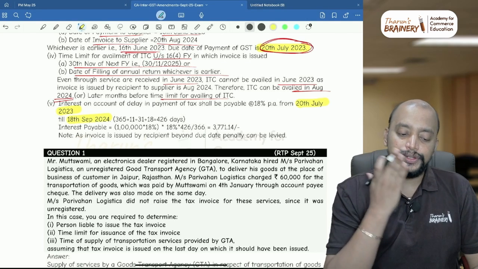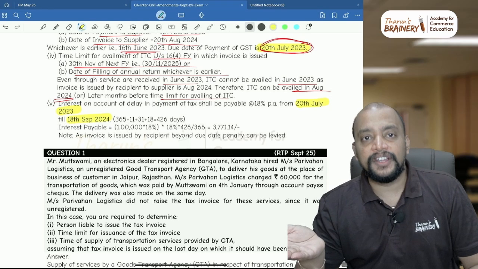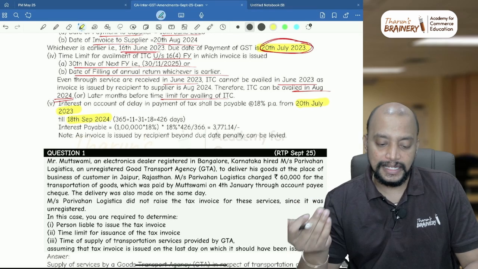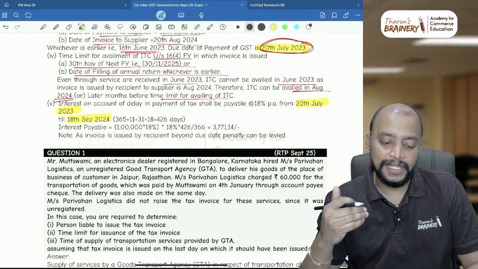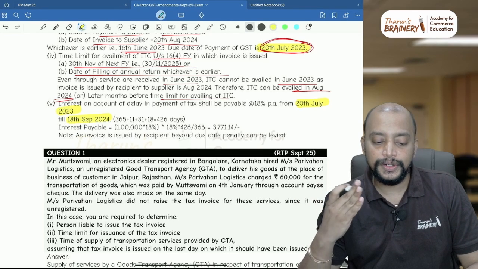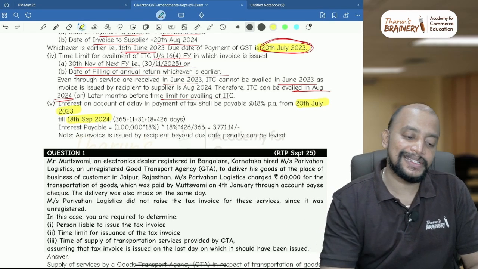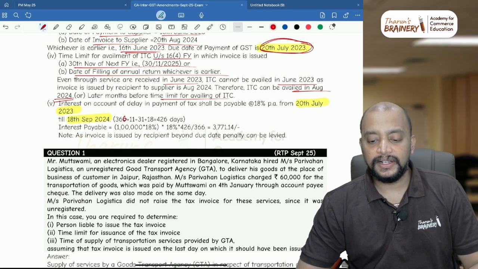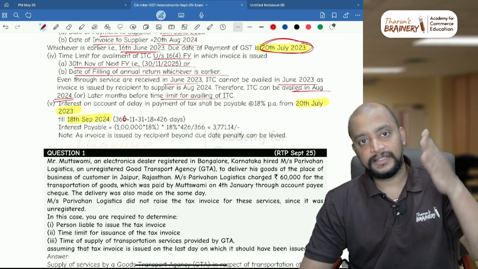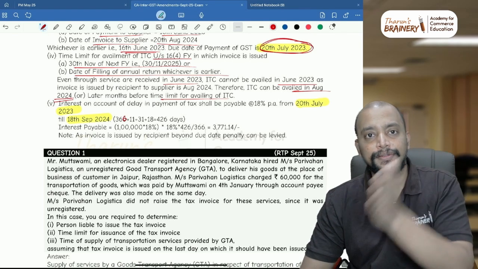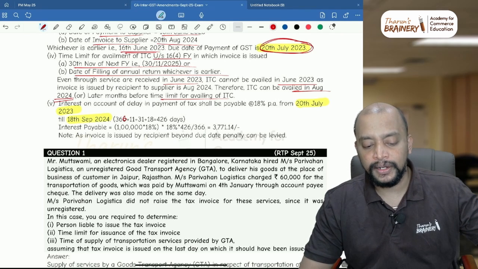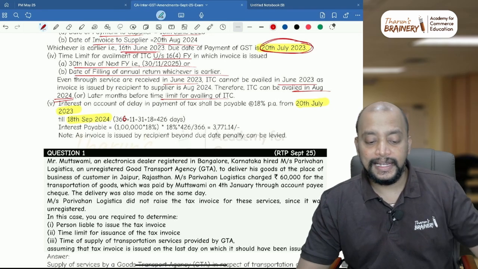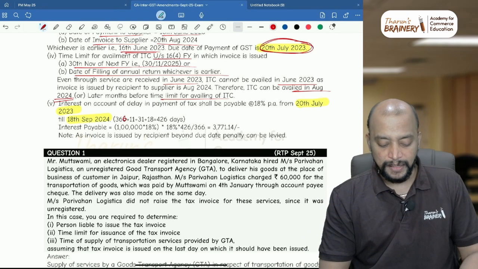From 20th July 2023 to 20th July 2024 will be 366 days because a leap year will come. And thereafter, in July it will be 11 days.